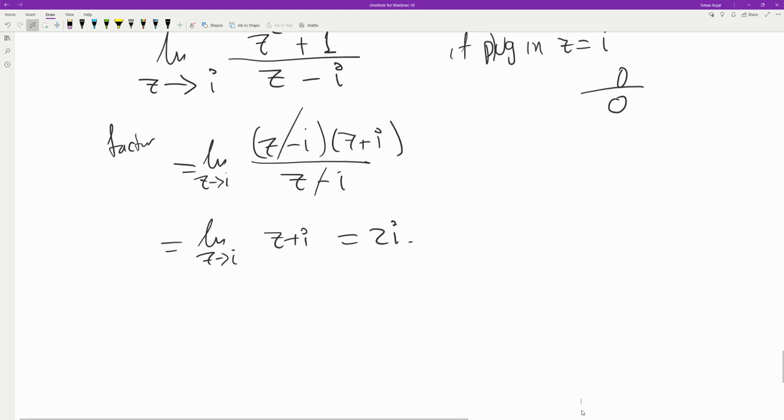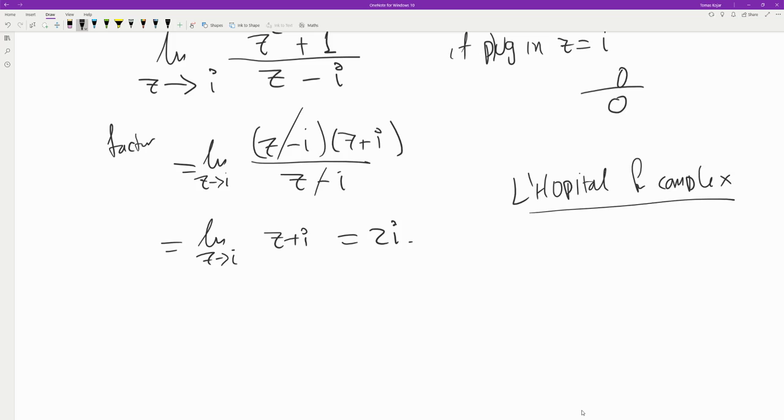But there is a version of L'Hopital that works. So L'Hopital for complex. So here it is. So if f and g are what we call analytic, and we will define this soon in the next clip, then you can do it.